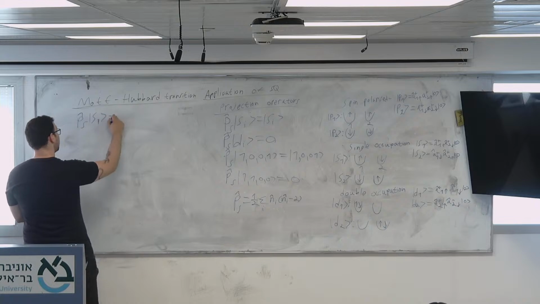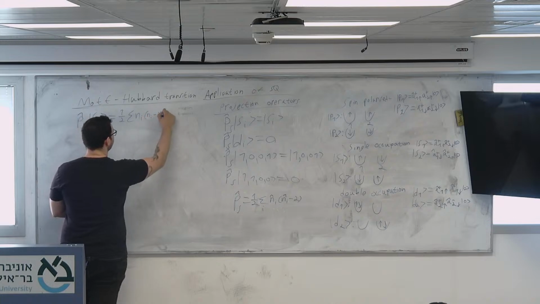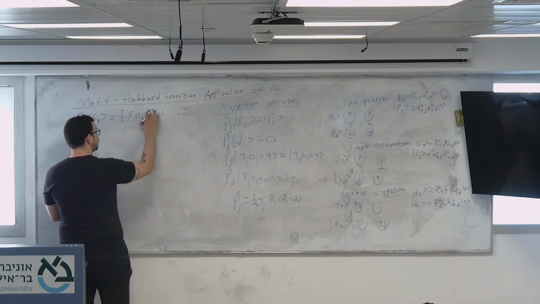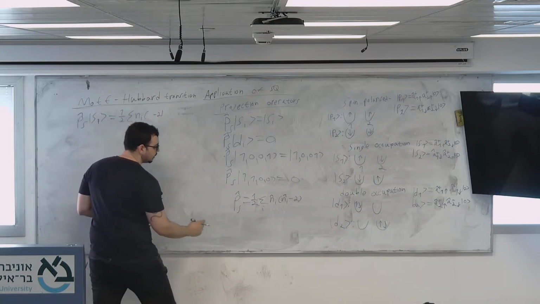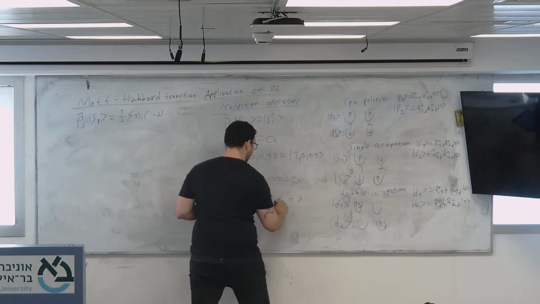PS is equal to 1/2 sum over n_i times (2 minus n_i). Oops, sorry. You're right, this one is 2 minus n_i. My bad.